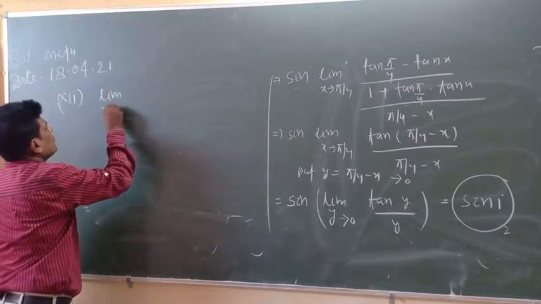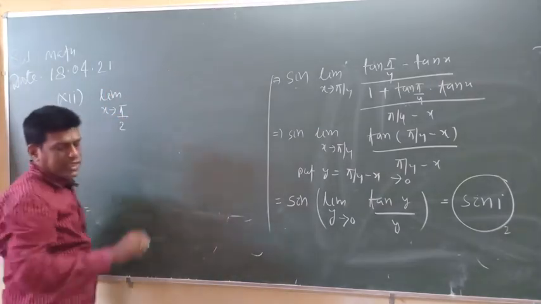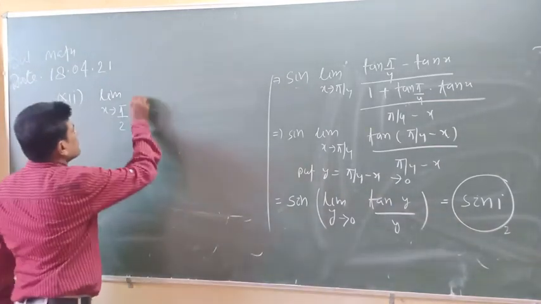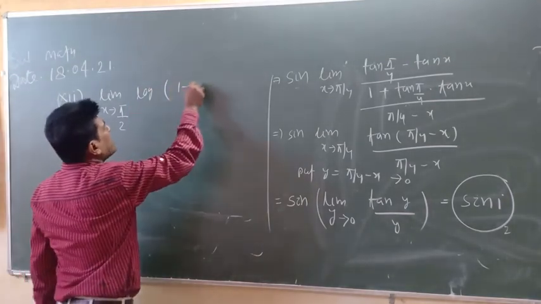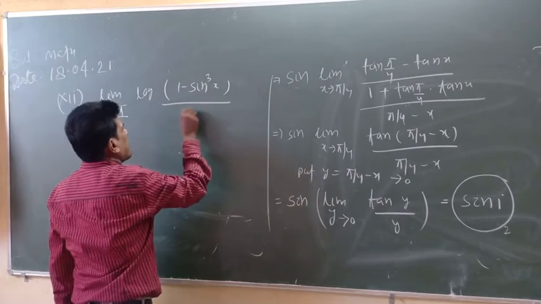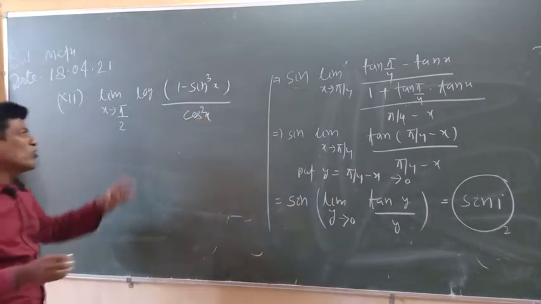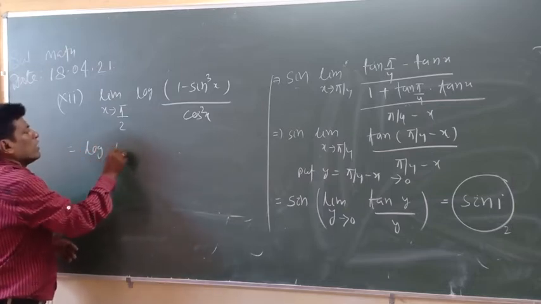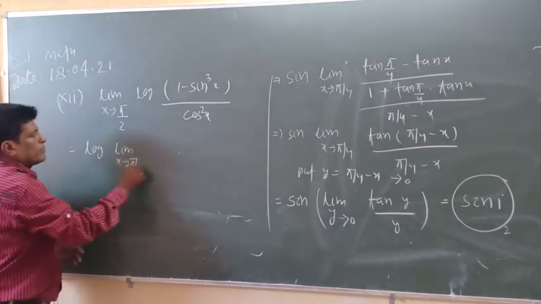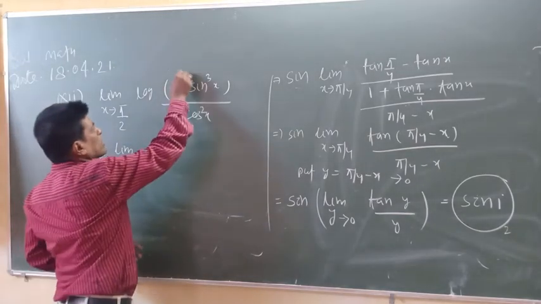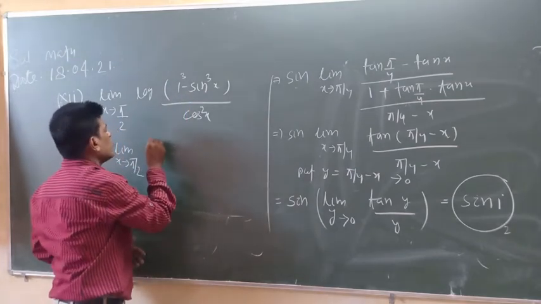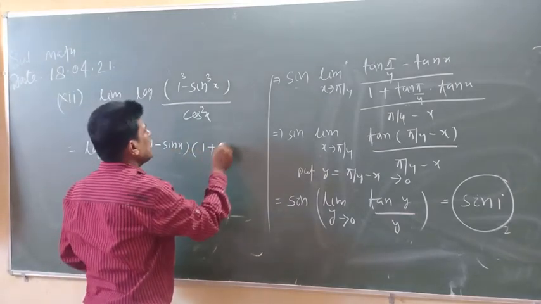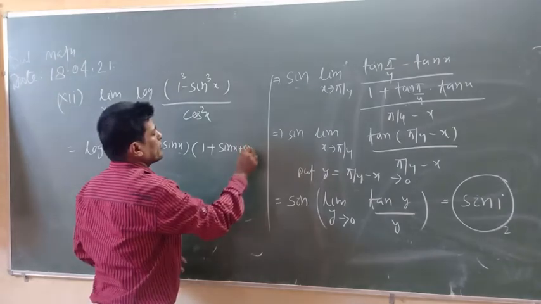Limit x tends to pi by 2, log of (1 minus sin cube x) by cos square x. No doubt the log function is taken outside of the limit. Log of limit x tends to pi by 2 of 1 minus sin cube x. For a cube minus b cube, you know very well, it is (1 minus sin x) whole into (1 square plus ab, that is 1 plus sin x plus sin square x).